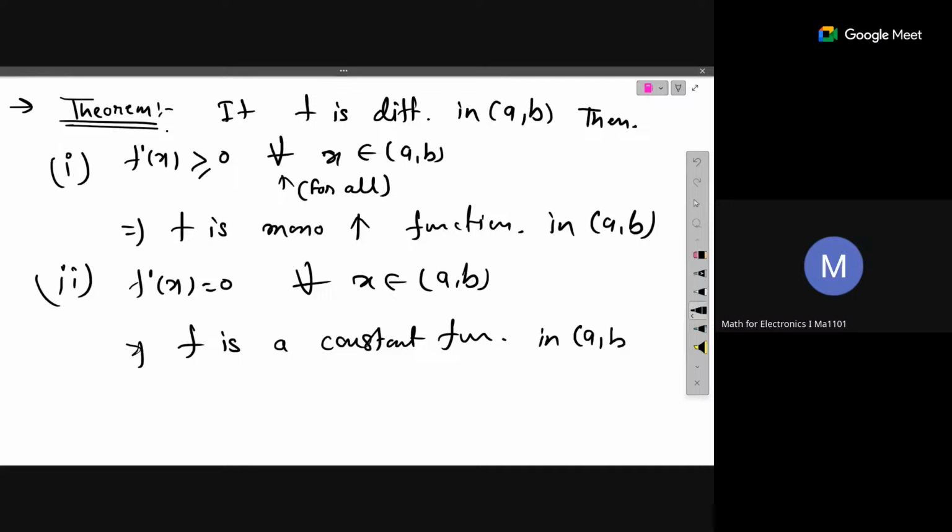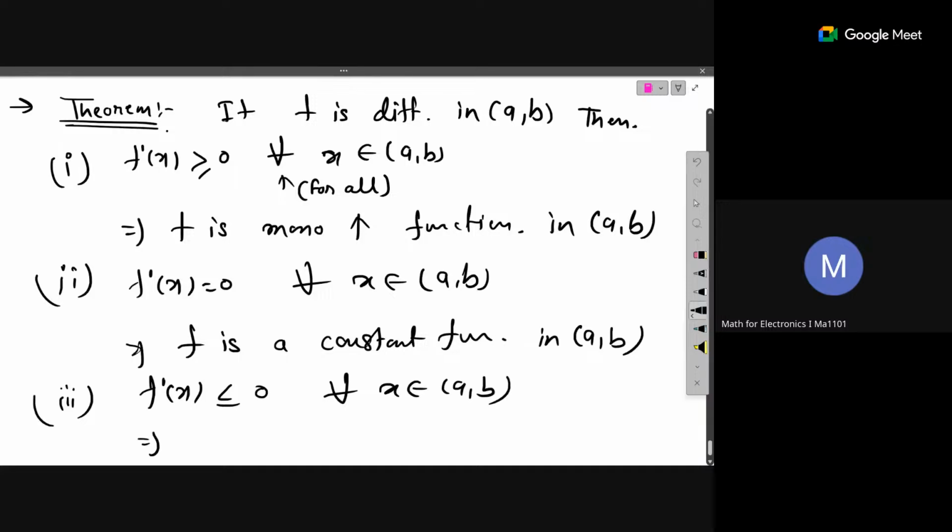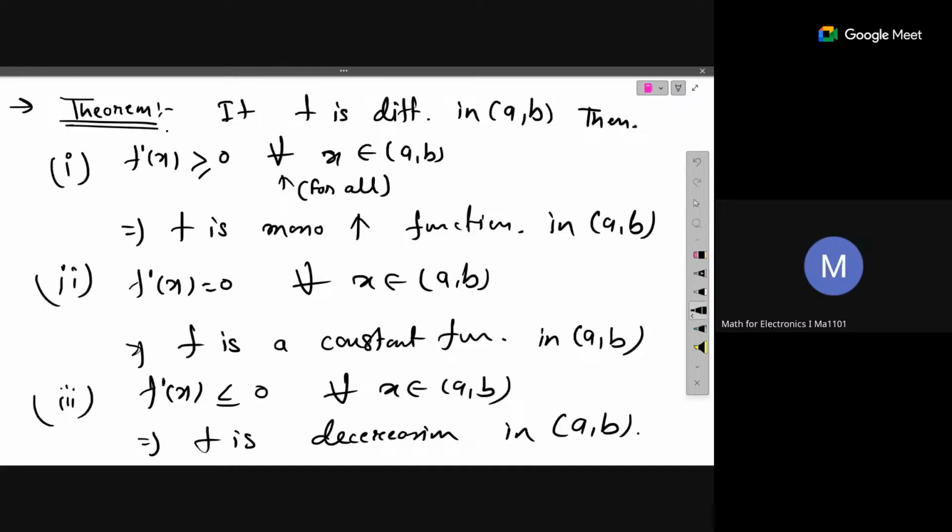In the open interval (a, b). And the third condition is if we have a negative sign. If f dash of x is less than or equal to 0 for all x belonging to the open interval (a, b), then this implies f is decreasing in the open interval (a, b). So these are the three statements.